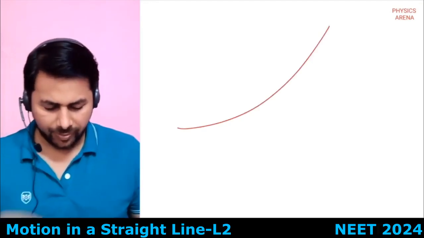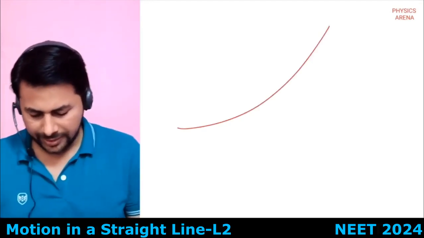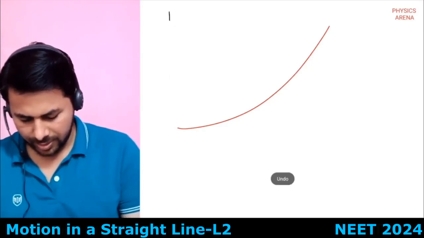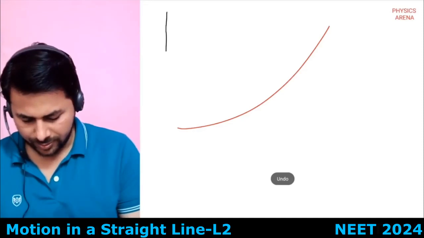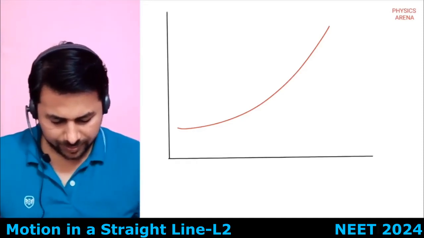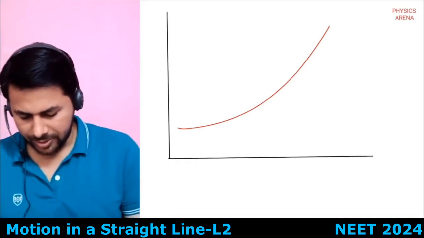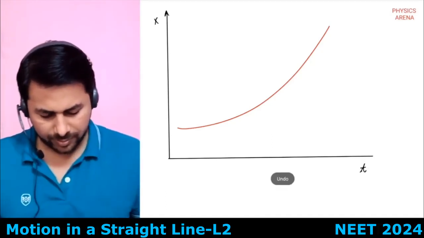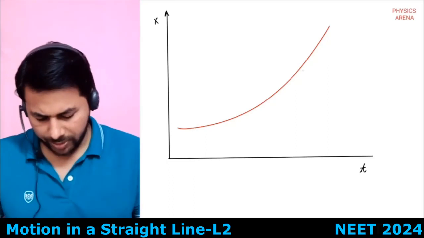Okay, so see, this is your xt graph. Okay, this is your xt, oh, straight line, right? So this is your xt graph, and I choose these points.